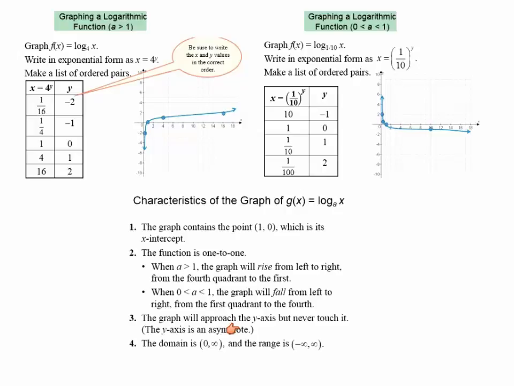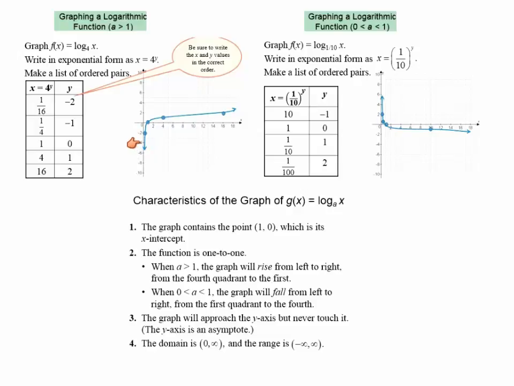The graph will approach y equal to 0, or you can say that the graph will approach the y-axis. This is the y-axis right here.